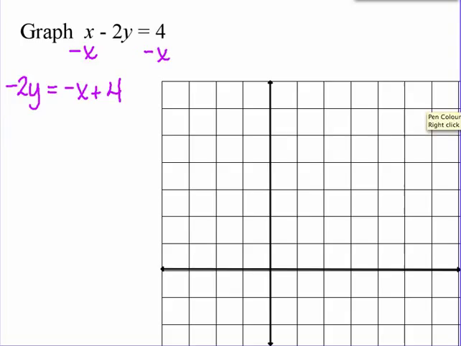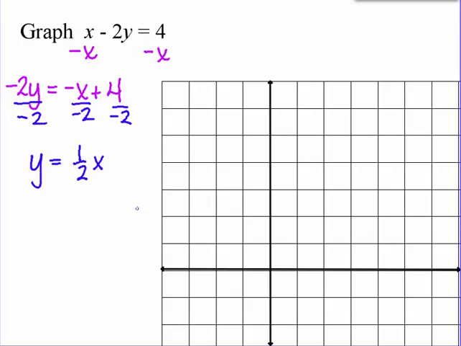My next step to solve for y, folks, is going to be to divide by negative 2. So I'm going to divide through every term by a negative 2. Now when I do that, on the left side, I'm left with what? Y equals. On the right side here, I have negative 1x divided by negative 2. I can write that as 1/2 x.